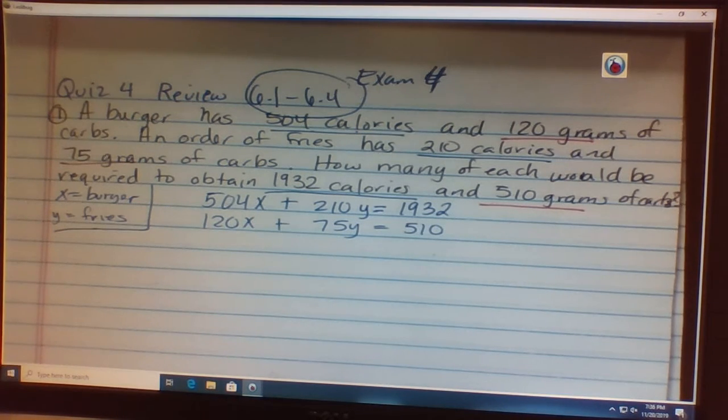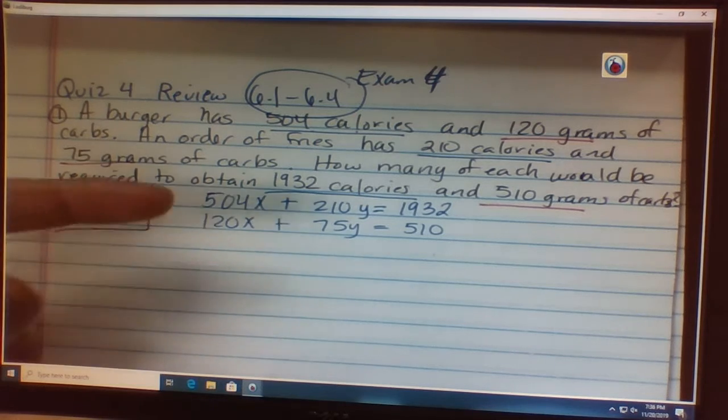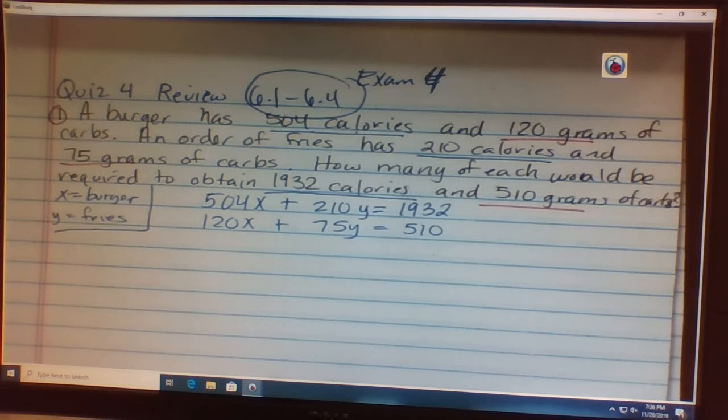Now we have learned how to solve these in 4 different ways: graphing, substitution, elimination, and Gaussian elimination. Now, my thing here is, is this a good problem to do by graphing? No, because those numbers are huge, and you cannot fit them in a graph, and you can't graph them by hand.